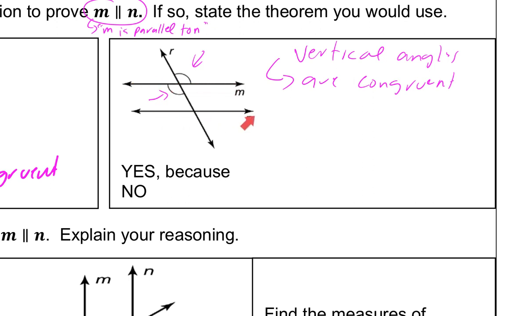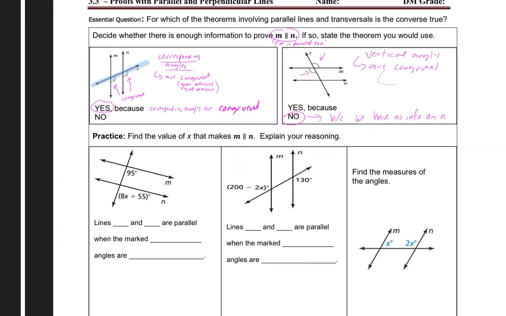Are M and N parallel? They may be, but we don't have enough information. So the answer is no, because we have no info on N. Right? We don't have any angles that are related to N. That's why we don't know. So that's all we can do is just go on the information that we have.